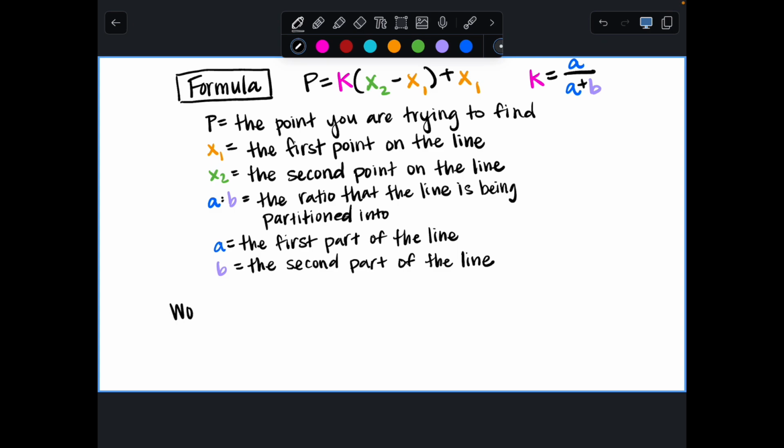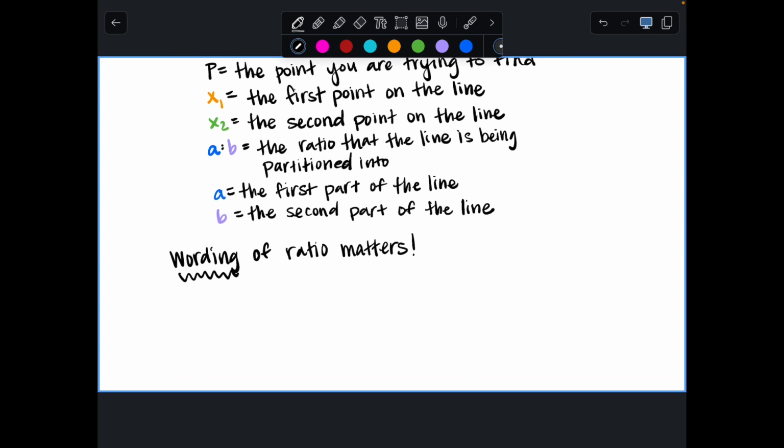So you need to remember that the wording of the ratio matters. You're trying to figure out, is it telling you a ratio of the first part to the second part, or is it telling you a ratio of a part to the whole thing?